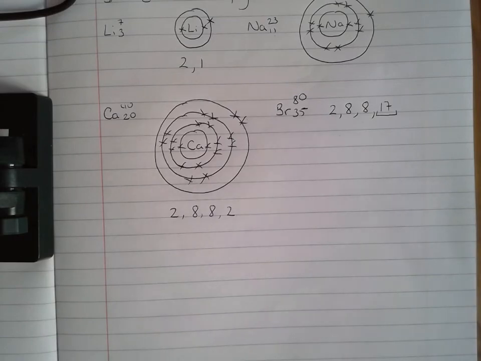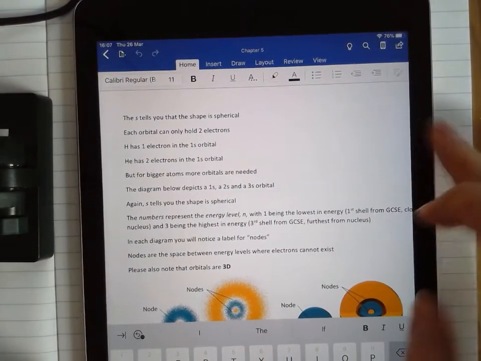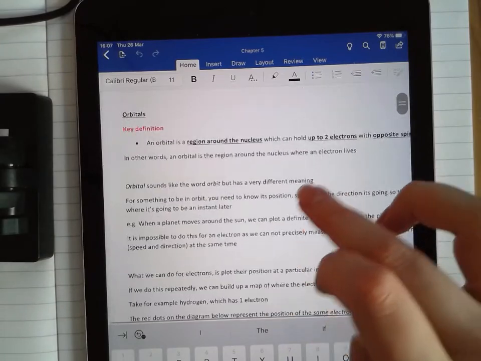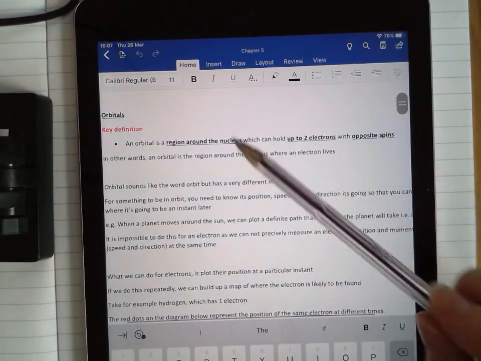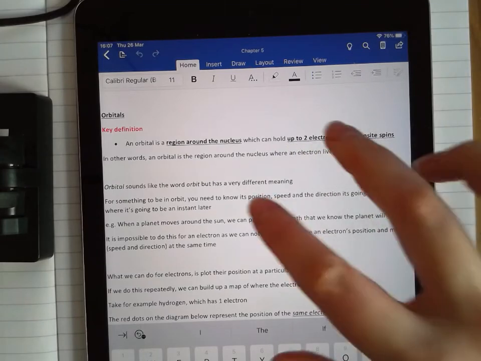If I look at the definition of an orbital, you can see that the idea of orbitals is generally the same as the idea of electron shells that you have become familiar with at GCSE. An orbital is a region around the nucleus which can hold up to 2 electrons with opposite spins.